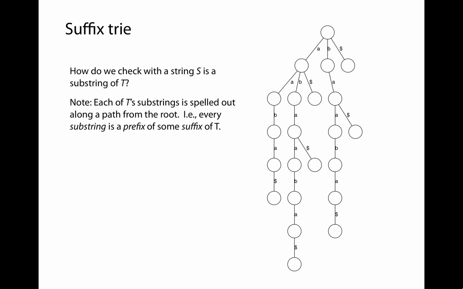So if we want to determine whether some string S is a substring of T, we can use the following procedure. First of all, we're going to start at the root, and then we're going to follow edges that are labeled with the characters of S. So we'll go through the characters of S left to right. For each character, we're going to check to see if there's an outgoing edge from our current node that has that character as its label.